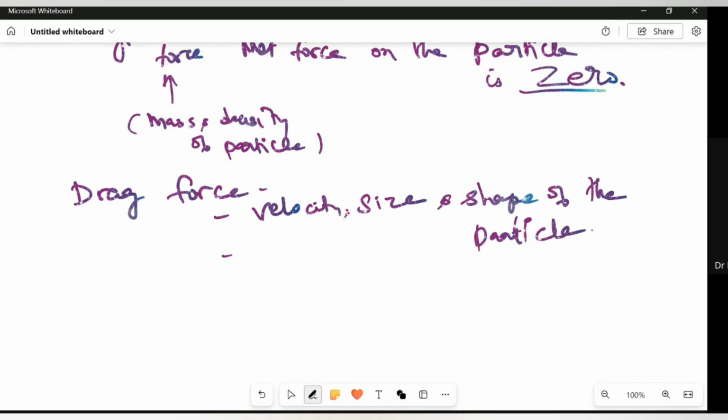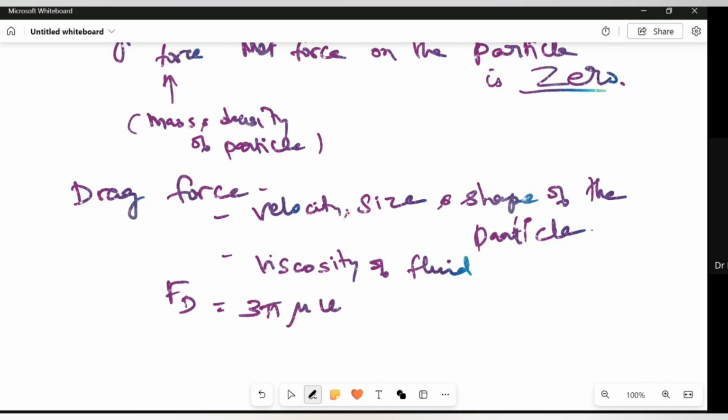And also, it depends upon the properties of the fluid, particularly viscosity of the fluid. This drag force is defined by Stokes equation as 3 pi mu u into characteristic length. So if it is a spherical particle, it's going to be the diameter of the particle.